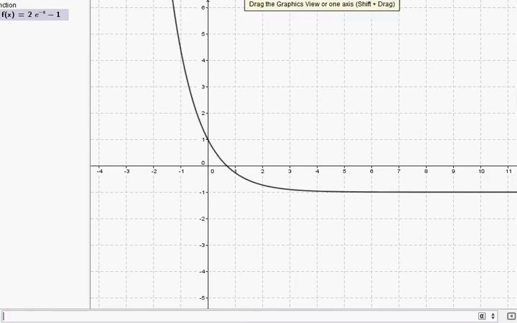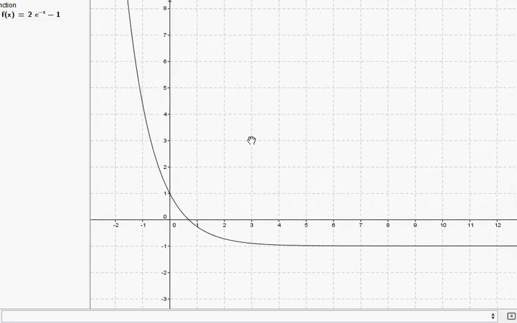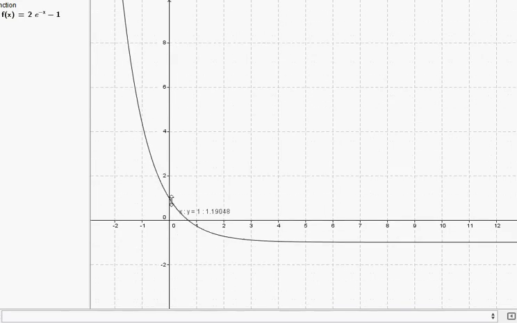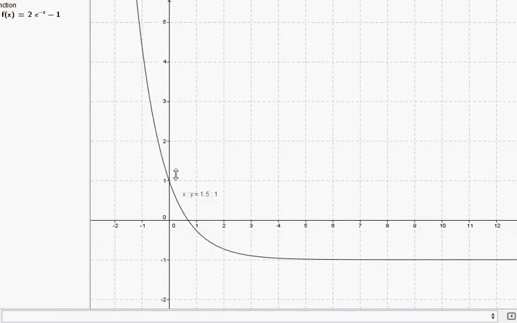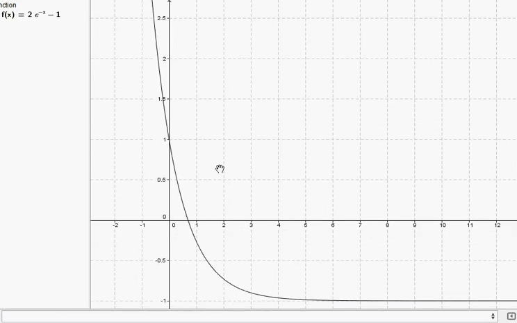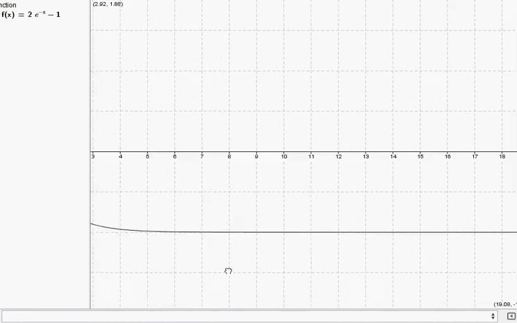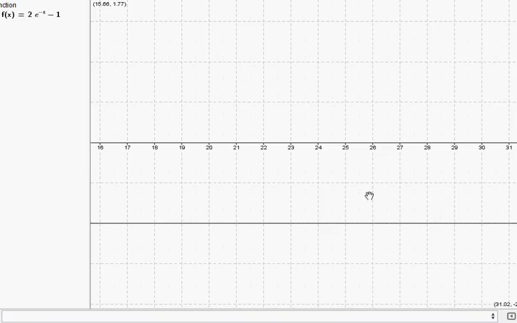Now guys, what we can see, for all intents and purposes, what happens at minus 1? It just starts going horizontal. So you can look at the graph from two different perspectives. If I make the graph flatter, look what happens, it goes straight across. If I make the graph more detailed, we can see that it bends downwards, and then all of a sudden it starts going flat at minus 1.